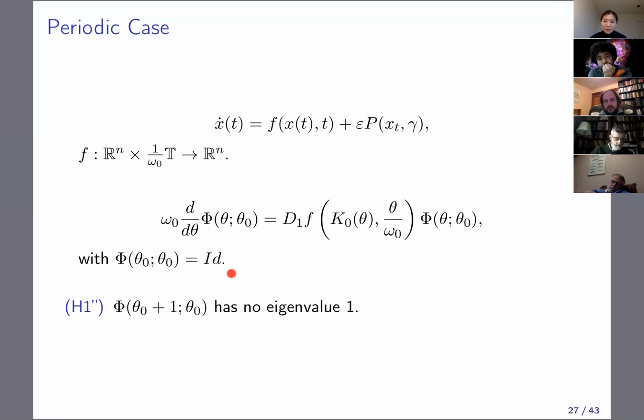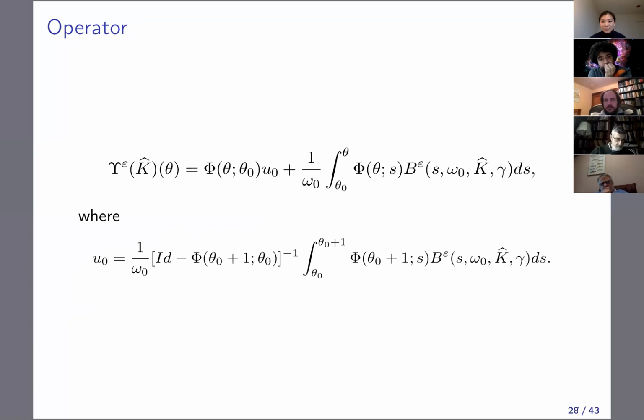We already know the frequency for the periodic orbit of the perturbed equation. So we just need to define an operator to update the parameterization k hat. And again, this U0 is chosen in such a way that this upsilon epsilon is periodic in theta.